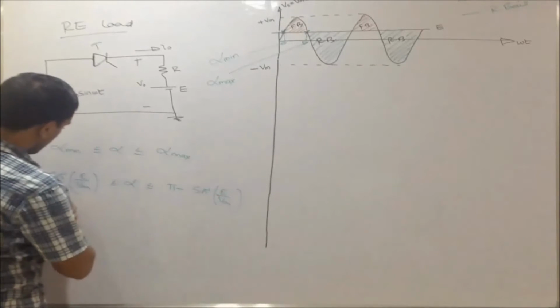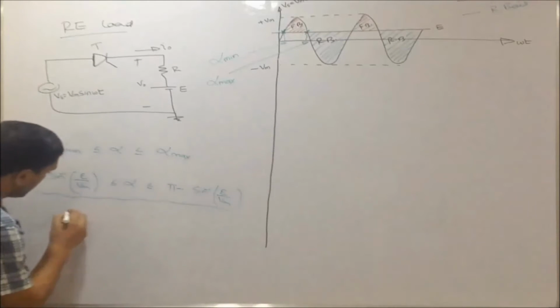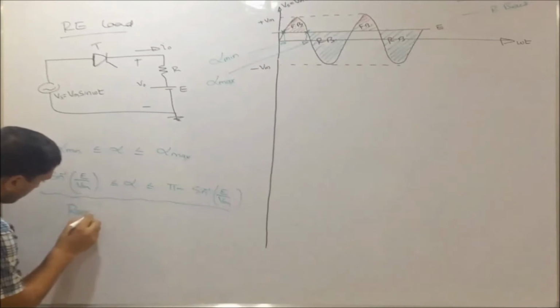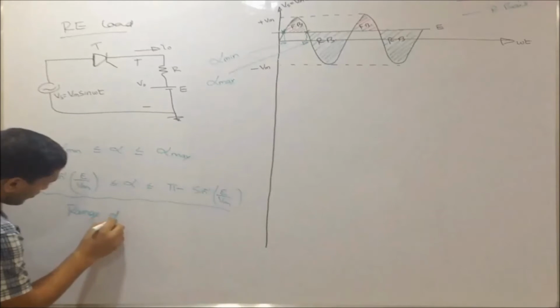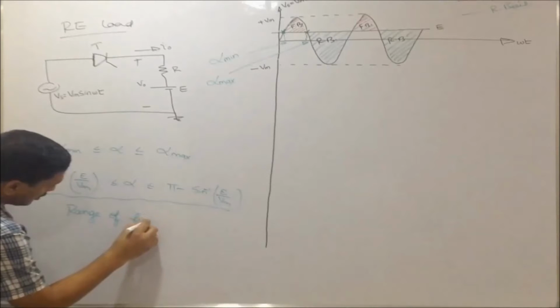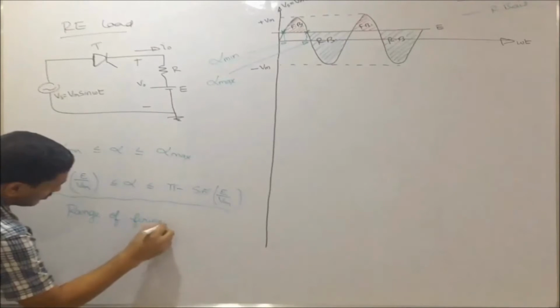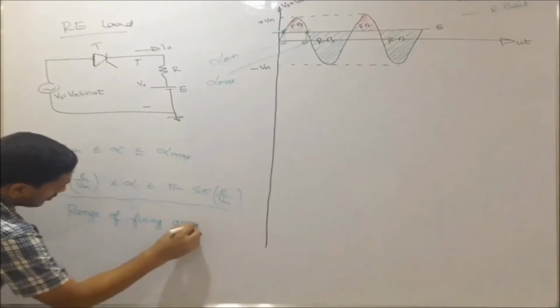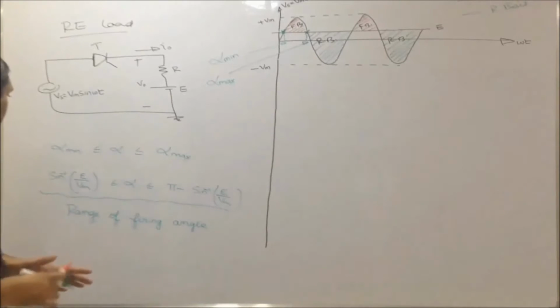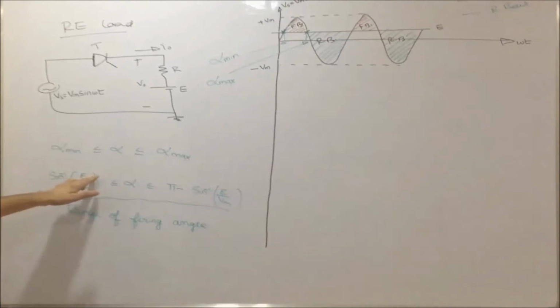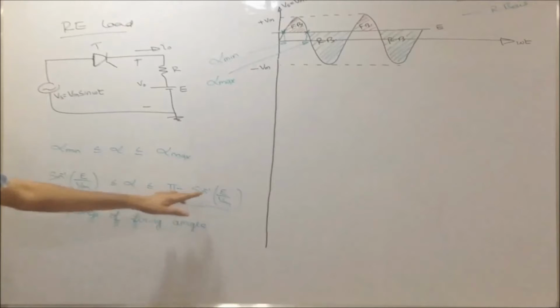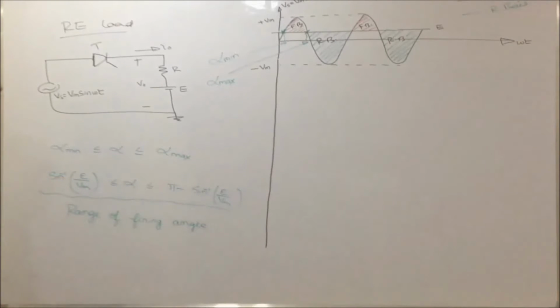This is the range of firing angle. So it is between sine inverse E by Vm and pi minus sine inverse E by Vm.